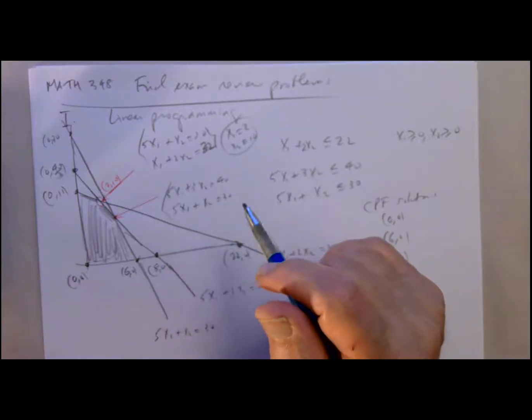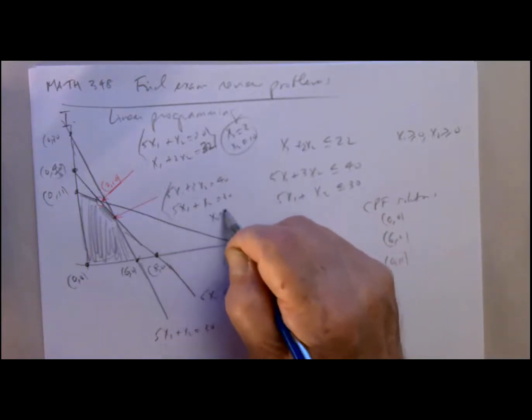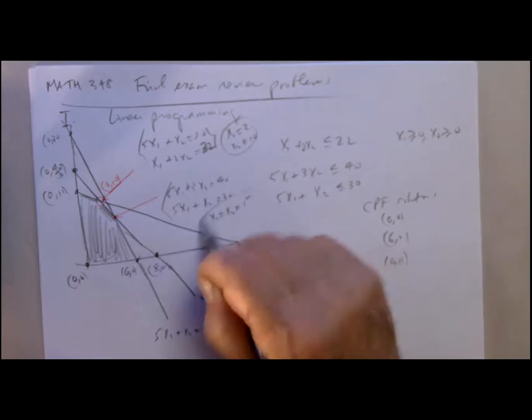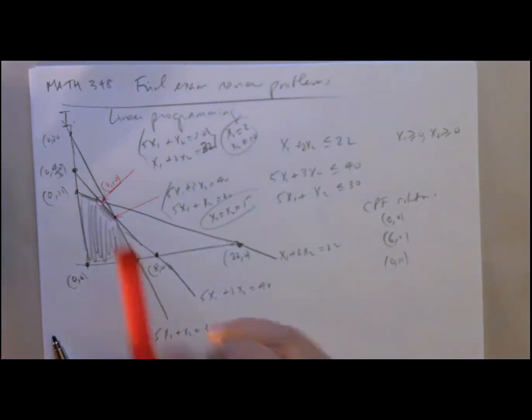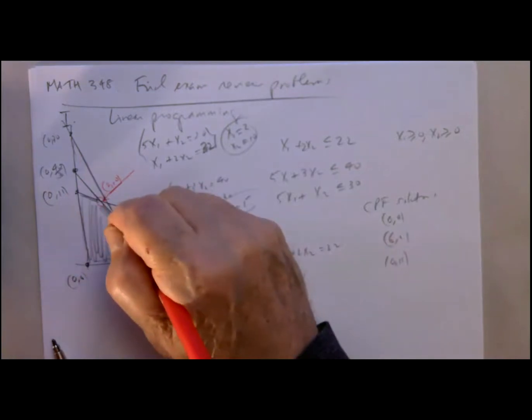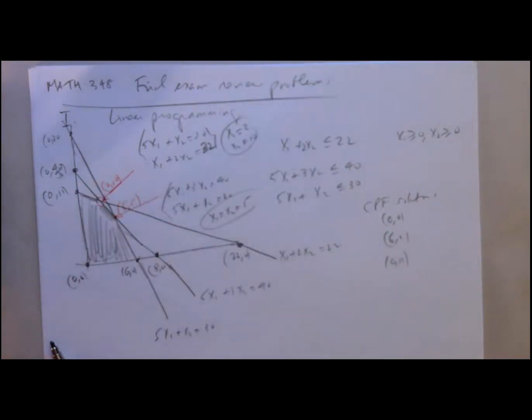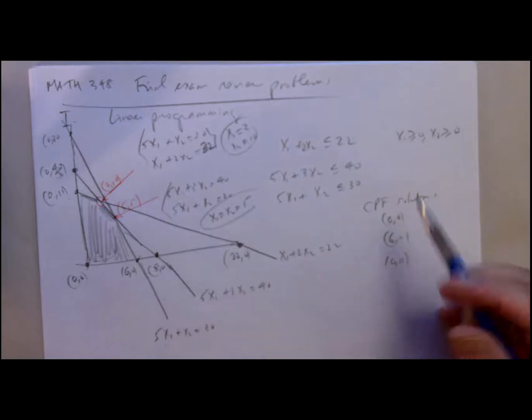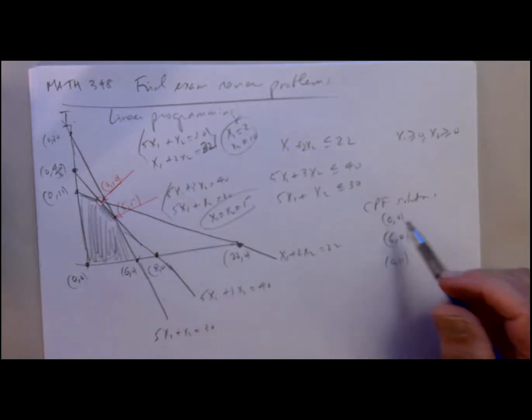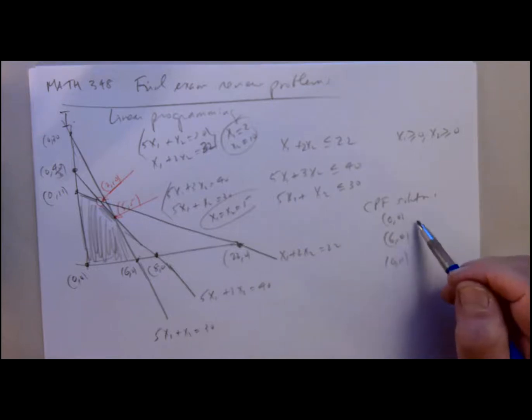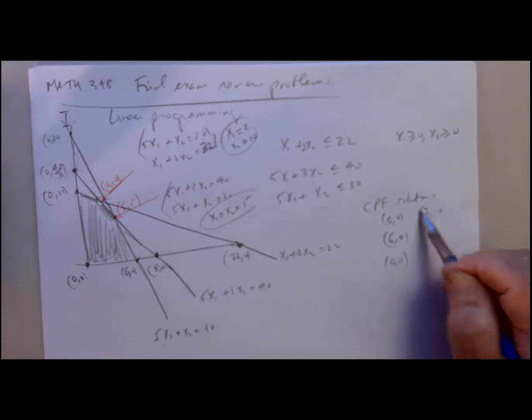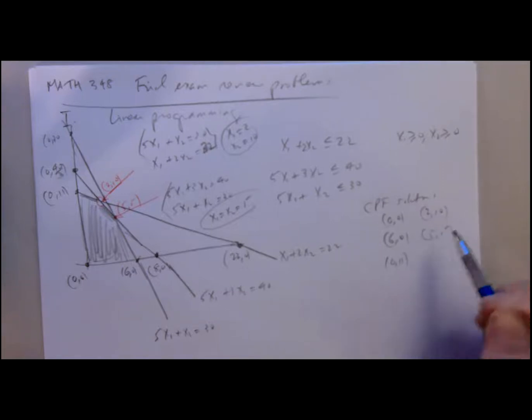If you solve two equations and two unknowns, you get x1 equals x2 equals 5. So this point has coordinates (5, 5). So there are 5 corner point feasible solutions: (0, 0), (6, 0), (0, 11), (2, 10), and (5, 5).